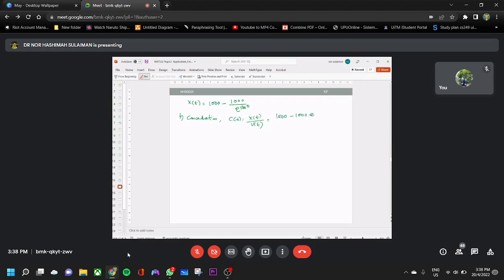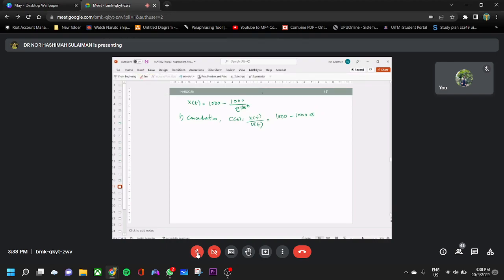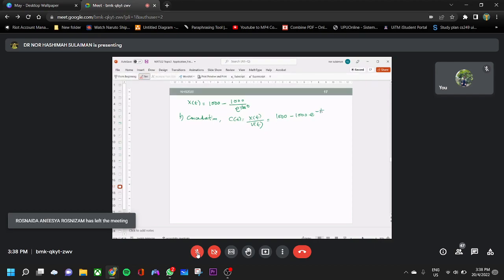Saya nak tulis macam ni boleh tak? Boleh kan? Nanti kita simplify mana-mana yang boleh lah ya. So e to the negative 1/100 t divided by berapa? 500. So dapat berapa? Okay. Right. See?